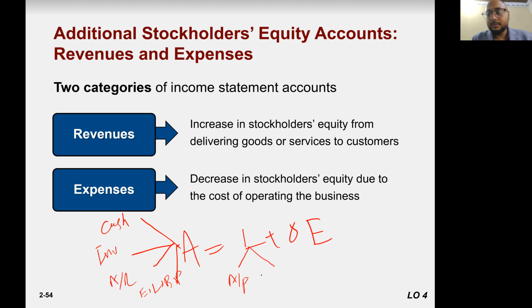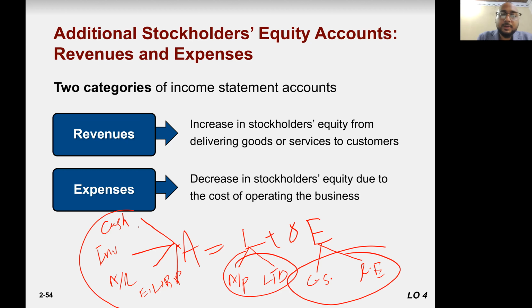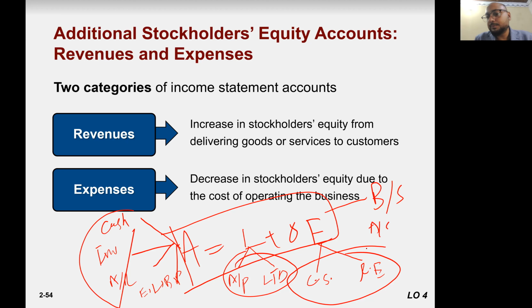Accounts payable, long-term debt. Owner's equity: common stock and retained earnings. So in the double entry system, all the asset, liabilities, and owner's equity accounts, we call these balance sheet accounts. Account, you can denote it with A/C. If I write A by C, it means account. Okay?